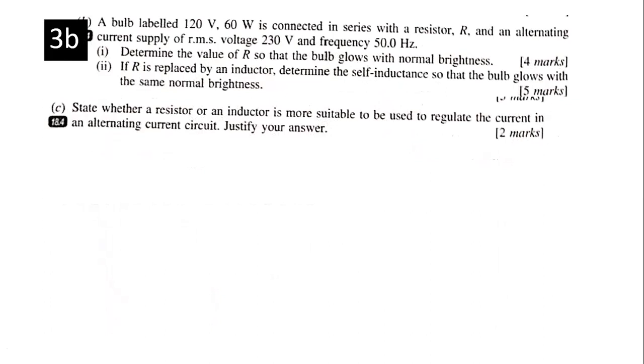State whether the resistor or inductor is more suitable to be used to regulate the current in the alternating current circuit. Justify your answer. Same as what we did for the capacitor just now.